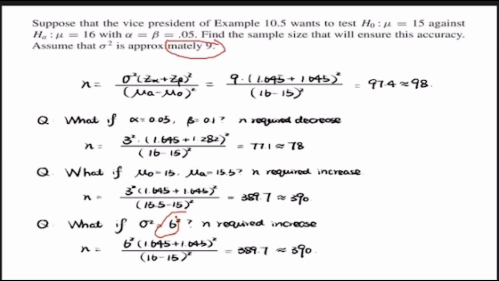Sample size is expected to be an increasing function of the variance. The variance is in the numerator, and that is why you see the sample size as high. Does that make sense? Take a look at that. Any question? I'm done with the first part. Any question on this?